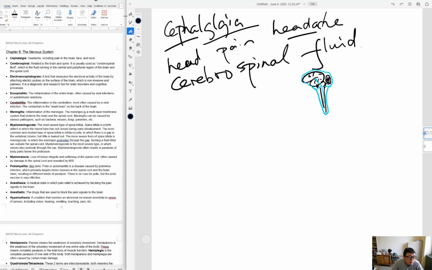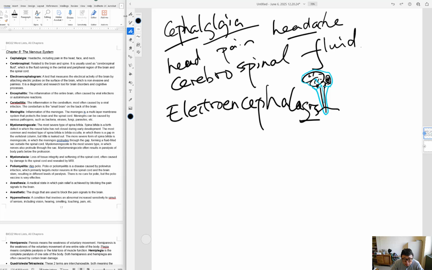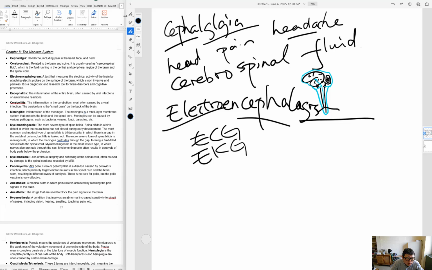And the next one, the electroencephalogram. Gram means a figure. Electro, encephalon, the head. This is like the ECG, I guess. ECG, you may have heard of it. EKG.